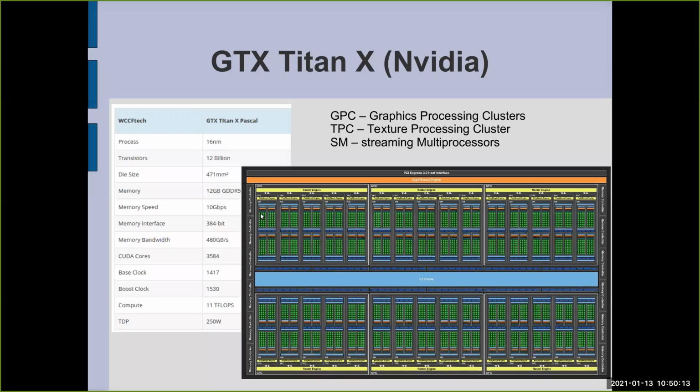Every green rectangle corresponds to a core. So in this case, we have more than 3,000 cores, which can be used to perform this operation independently.